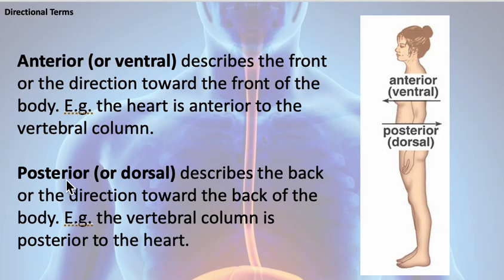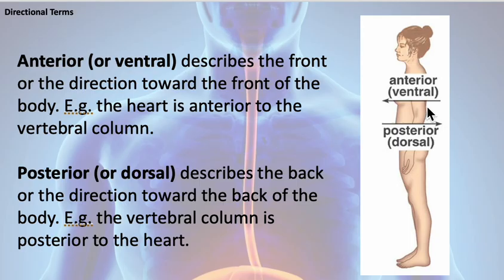On the opposite end, posterior describes the back surface or the direction towards the back of the body. And we can use the same two structures, but in the reverse. We can say the vertebral column, again, referring to the bones that surround the spinal cord.